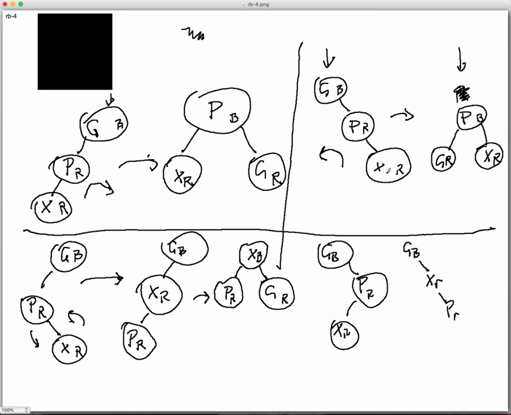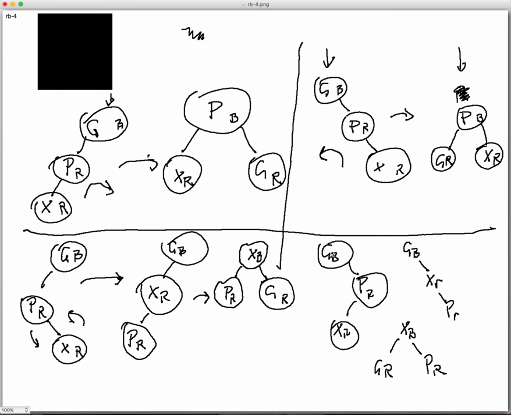And now you'll note that I'm in this situation over here. X is now going to become black, and the grandparent is red, and the parent is red. So these are the 4 different possible transformations we can do on the way down.